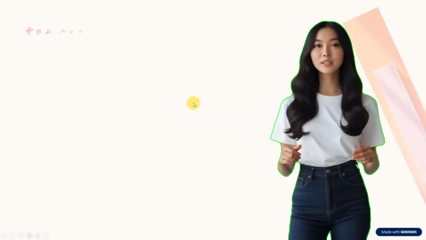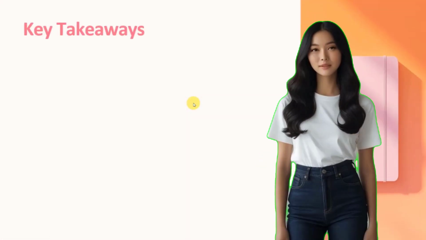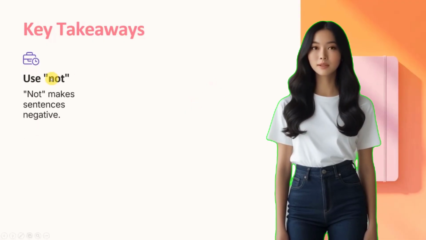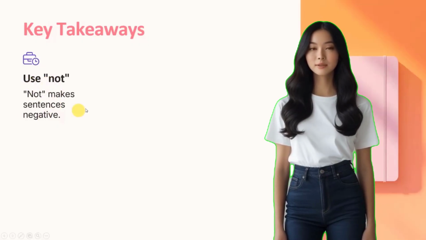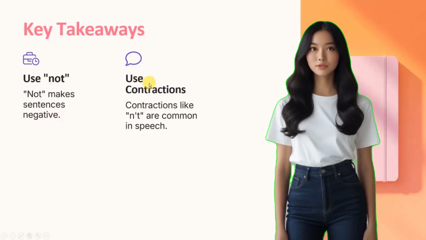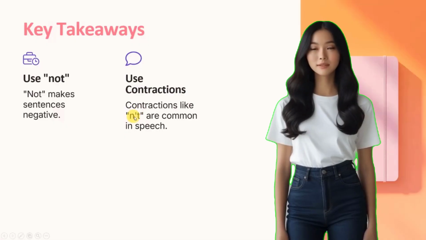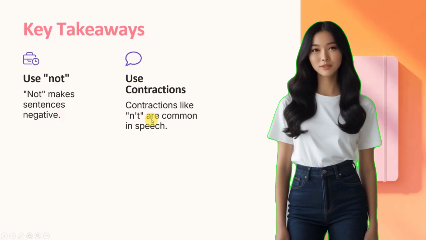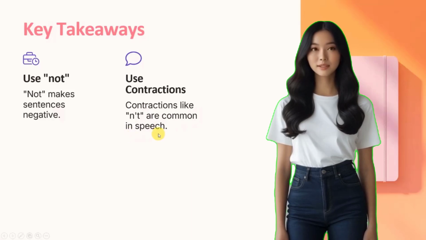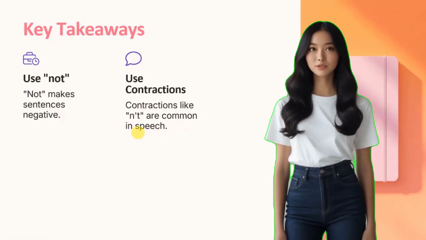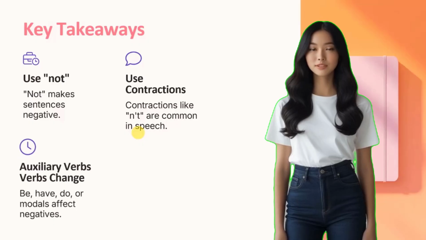Okay, guys, we have reached the end of the lesson, and here are some key takeaways to see why it was worth your while. Firstly, you learned to use not to make sentences negative. Contractions, like not contracted into that form, are common in speech, because many times when people are speaking they're a bit lazy, and they'll just make a contraction to combine two words together.